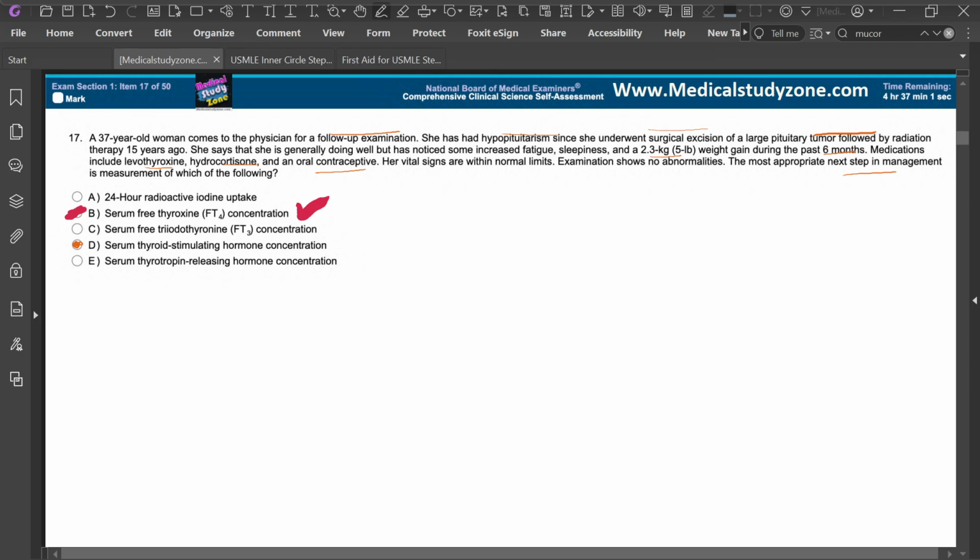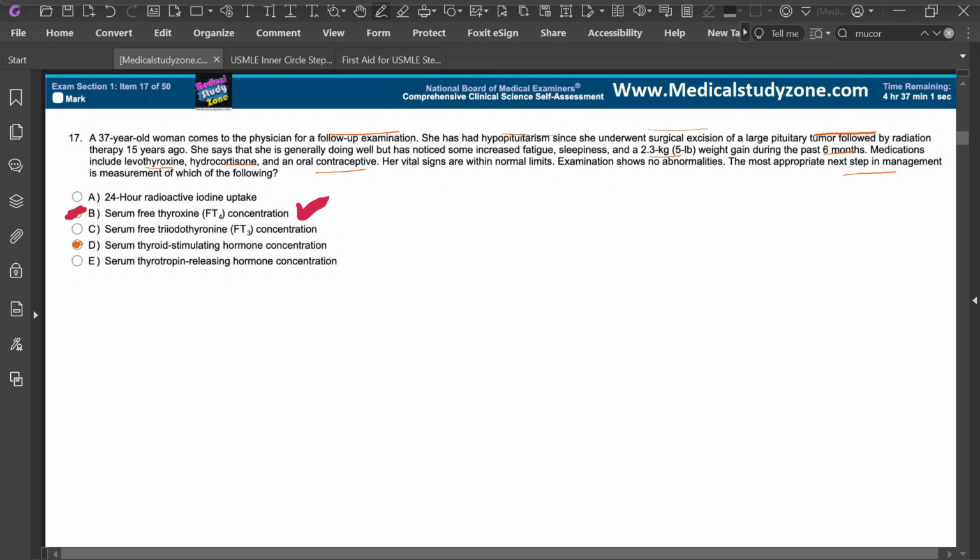Sorry, D1. Okay. Measurement of 24-hour radioiodine uptake and serum TSH concentration and serum thyrotropin concentration are appropriate steps in the management for a patient with hyperthyroidism or hypothyroidism. Measurement of 24-hour radioiodine uptake provides information on thyroid function by measuring the amount of iodine that accumulates in the thyroid gland. This test can be used to evaluate thyroid nodules and assess whether they are hyperfunctioning.